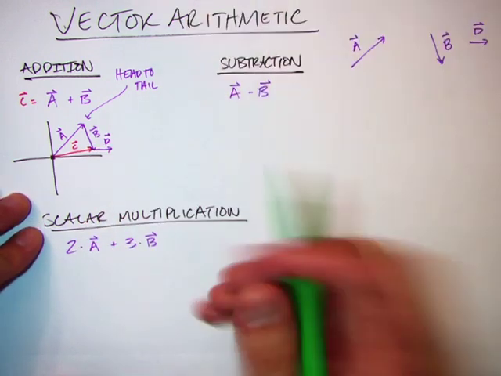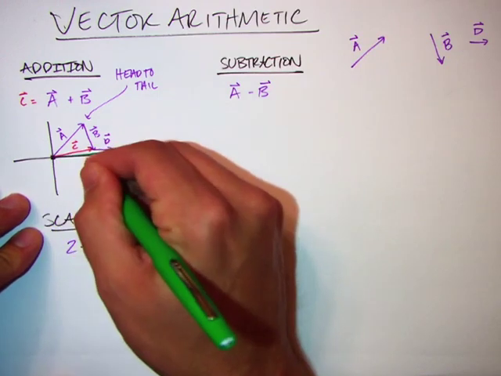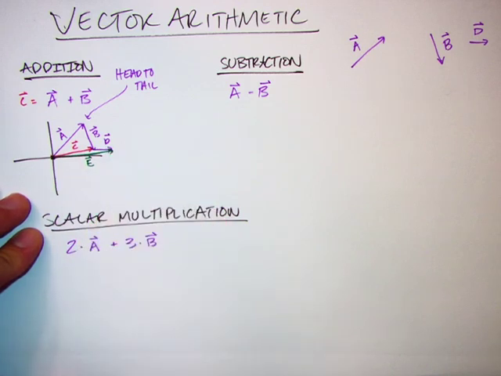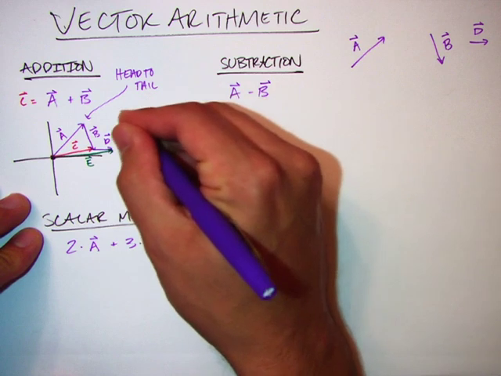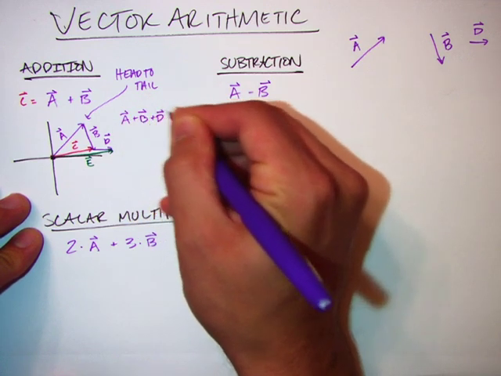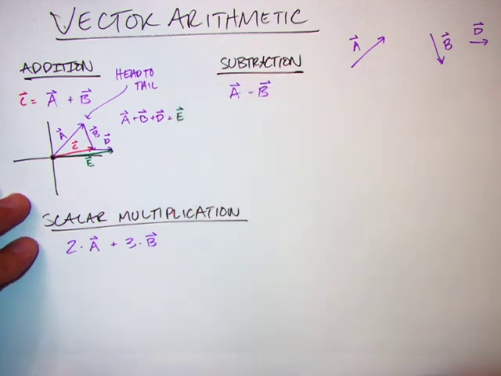Let's call this vector E. Okay, so vector E is simply the vector from the very beginning to the last tip of the vector D. So I would say vector A plus vector B plus vector D equals vector E. So this is how I line up and add vectors.